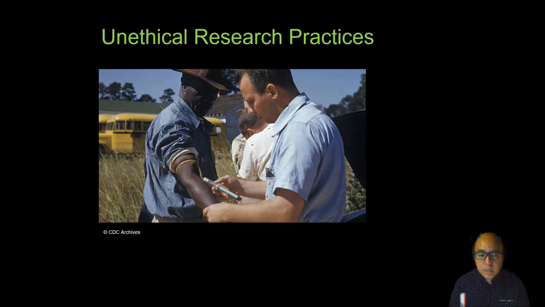This is a photo taken from the Tuskegee syphilis study, which I believe ran over 40 years. It started in 1932, and researchers from the U.S. public health system observed mainly African American males from Tuskegee, Alabama, who had a high prevalence of syphilis at the time.